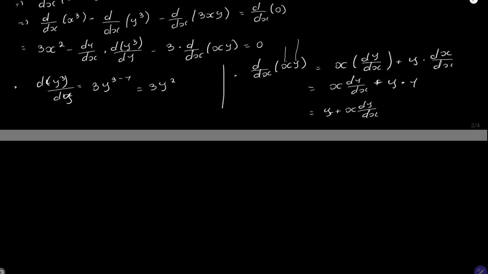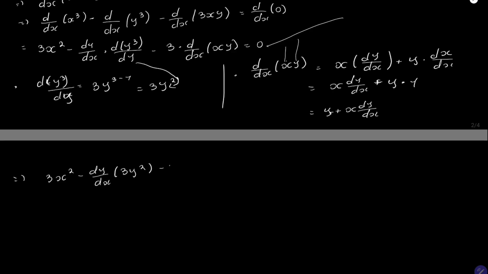So all we need to do then is substitute the different values, that is the derivative of y cubed and the derivative of xy, into our initial equation. So this implies that 3x squared minus dy on dx times, what's dy cubed on dy, this is it here, 3y squared, minus 3 times, what is the derivative with respect to x of xy, it is this, y plus x dy on dx, equal to 0.